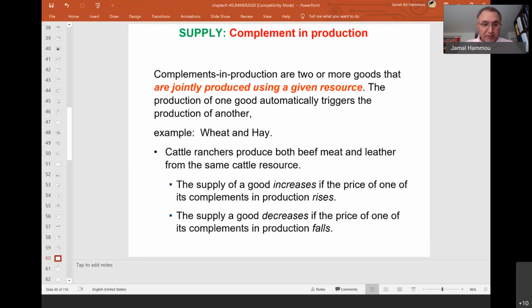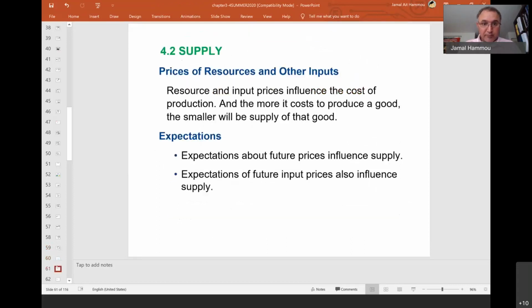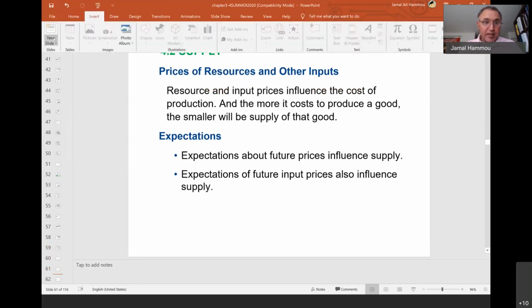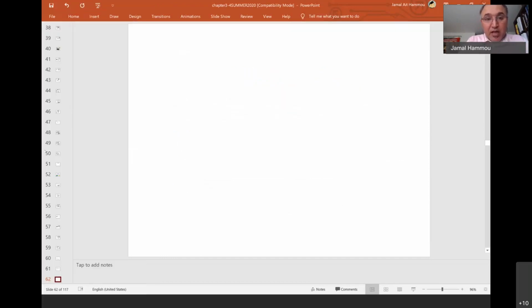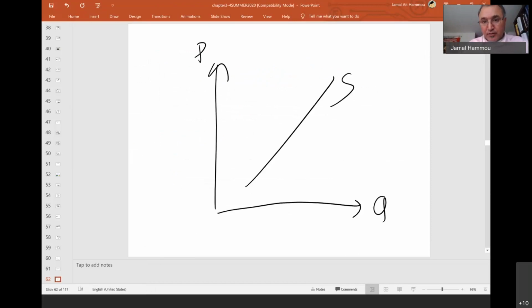The cost of production. Every time you talk about the cost of production, it is very important. So is it easy to explain? That makes sense. So if I'm producing a good, this is the price, this is the supply for the good. My production depends on how much I pay for wages, for example.